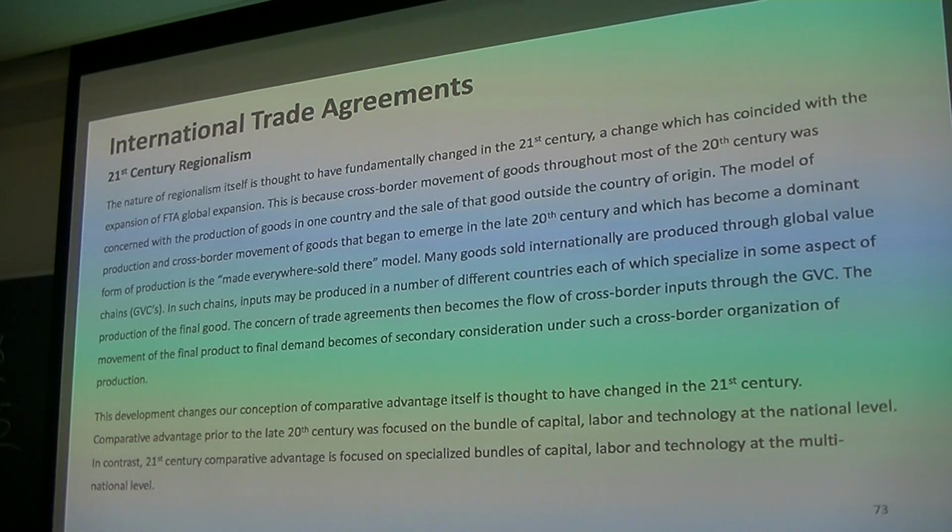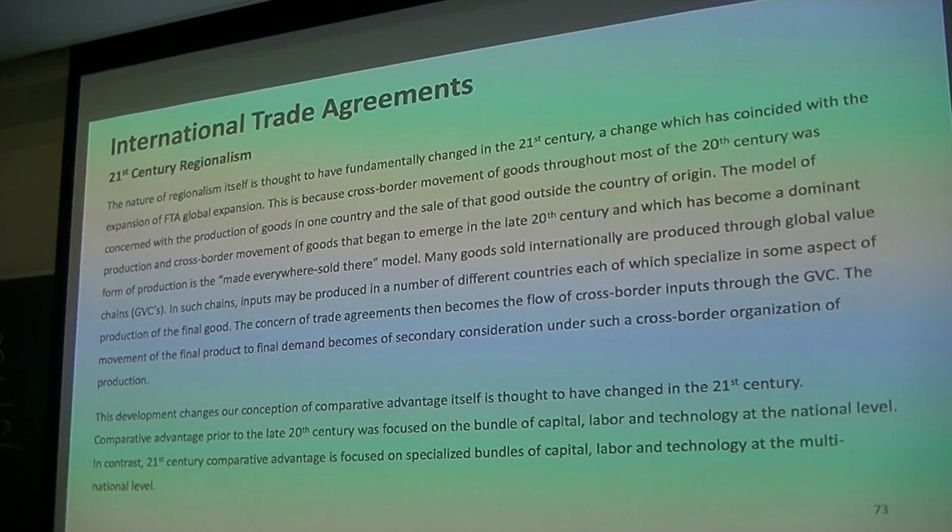But at the same time, this has come at the expense of the middle class in developed countries. We've seen this in Europe, the United States, and in Japan, that the middle class has stagnated over the last 20 years. So you've had this development.